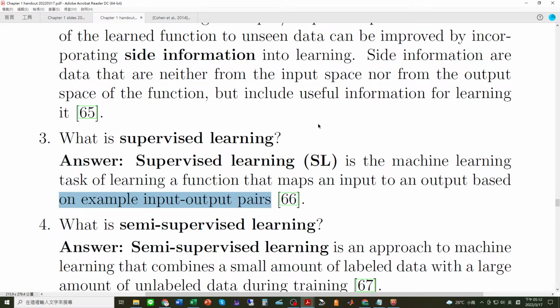For a photo of a dog, I tag it DOG, and for a photo of a cat, I tag it CAT. So my computer can use this data, the example input-output pairs, to learn to distinguish the photos of dogs from cats.